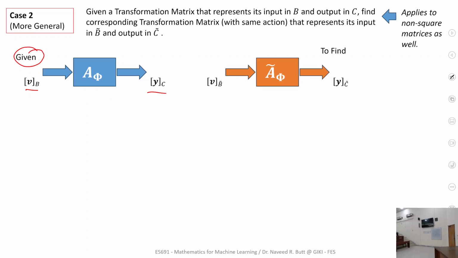Now I want to find its equivalent matrix that has the same effect but represents input in B tilde and output in C tilde.